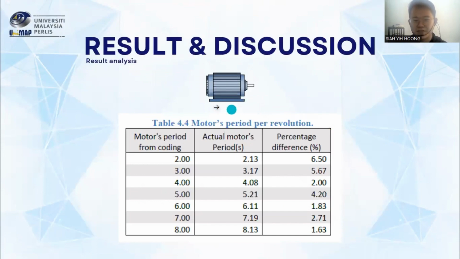And this is the results from the motors. The motor value analysis is done by comparing the actual motor periods with the motor periods from coding. If we want to rotate the motors, we set a 2-second period, and the 2-second period will be converted into SPS by the formulas that I mentioned above, and then it will start to rotate the motors.